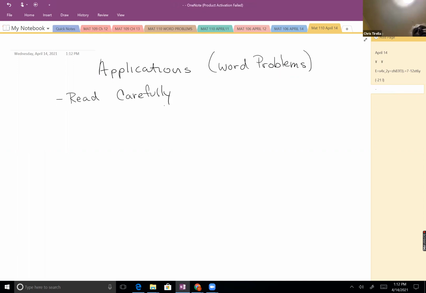Know what you're looking for. My second suggestion is to make sure that you define your variables. Some people look at those as let statements. If appropriate, draw a diagram.